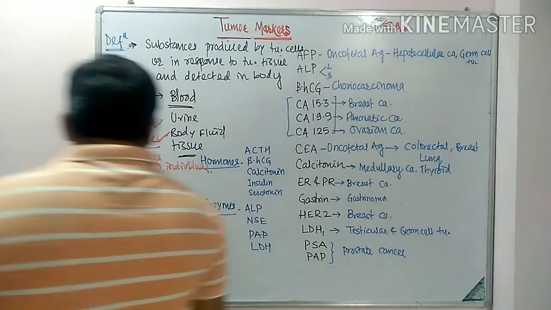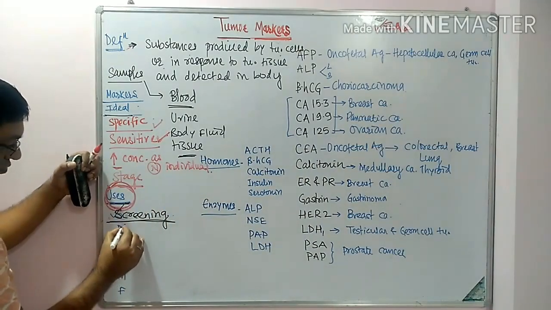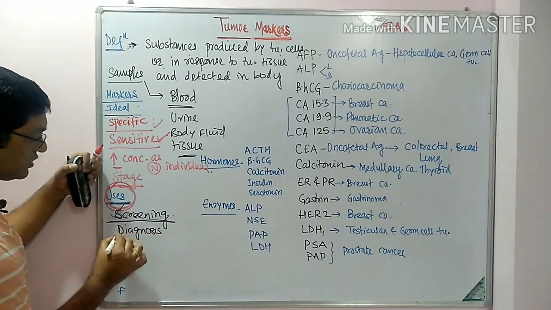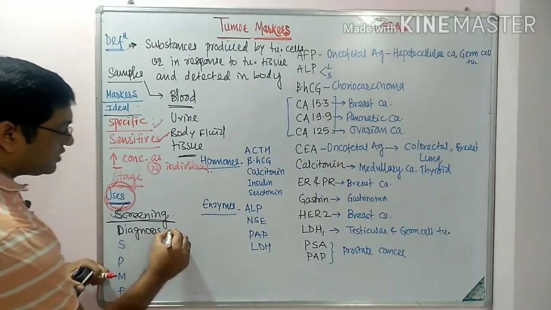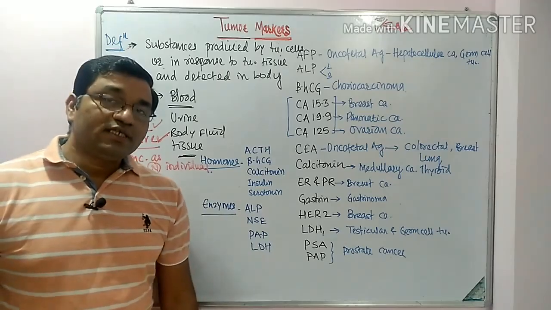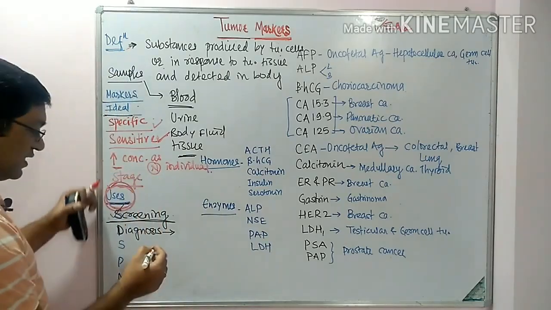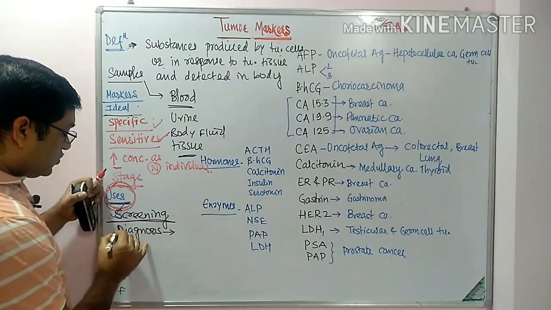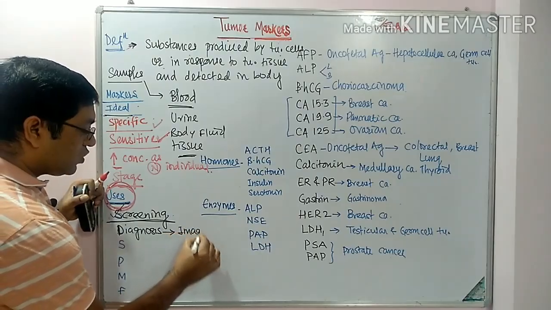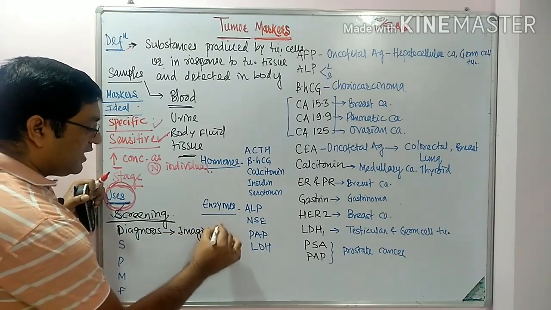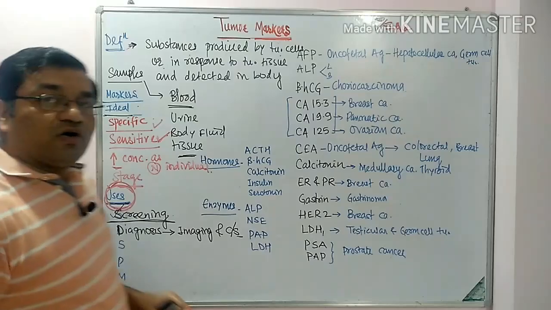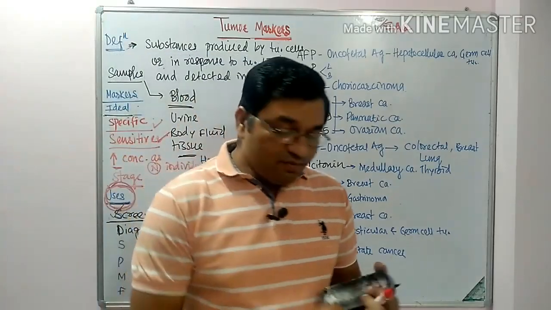Second, diagnosis. It is used in the diagnosis or confirmation of the cancer along with imaging techniques. Imaging technique means CT scan, MRI, PET scan, etc. So it is used in the diagnosis of disease along with imaging and clinical symptoms, along with clinical criteria and imaging technique.